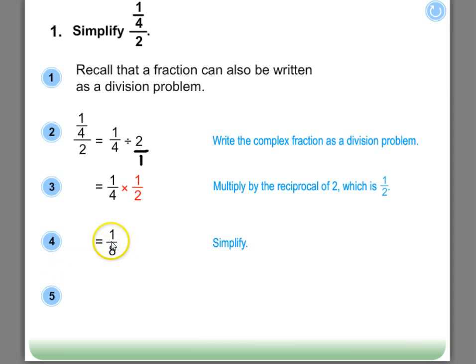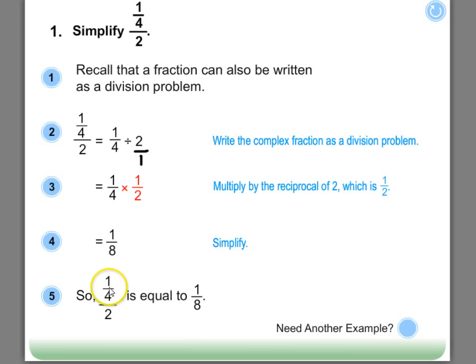Then we want to simplify it as much as we can. In this case, there's no need to simplify, so we're good. So 1/4 over 2 is the same as 1/8. Again, it is the same as 1/4 divided by 2, or 1/4 times 1/2 when we do the reciprocal. Alright, so go ahead and do this one.